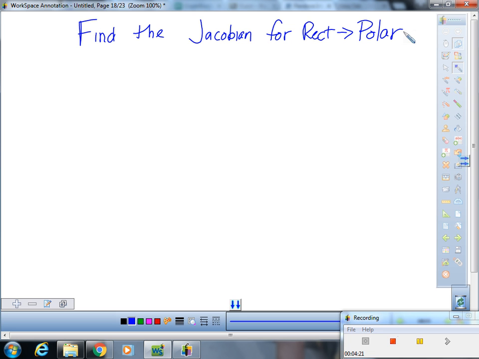So, how do we change from rectangular to polar? x equals r cosine theta, y equals r sine theta. This is the exact situation that we're looking for. x is a function of two variables. y is a different function of the same two variables.